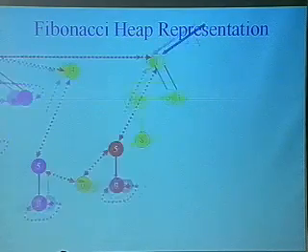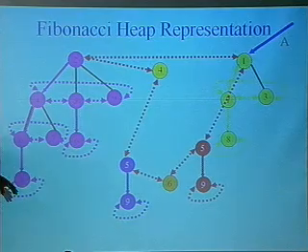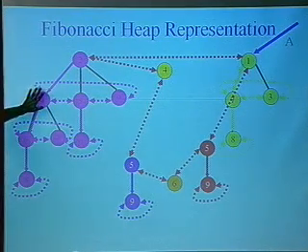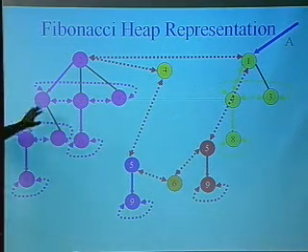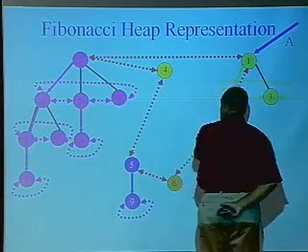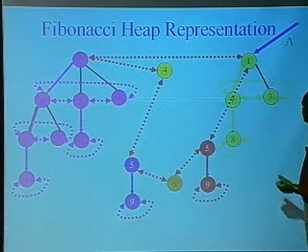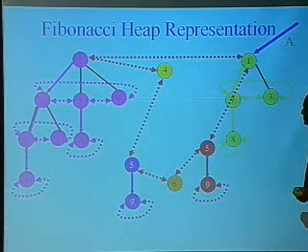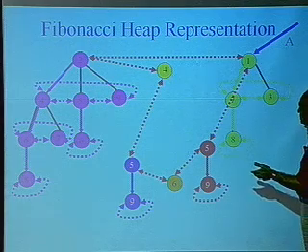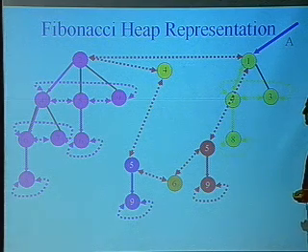Let's look at an example. Right. So you have a collection of min trees. Okay, so here I've got this pink one here, a yellow one, 2, this one here, 3, 4, 5, 6 min trees. Okay. Right, so there are 6 min trees in my Fibonacci heap. In this particular case, all of them are binomial trees, but they don't have to be. Okay. You could have other kinds of trees.